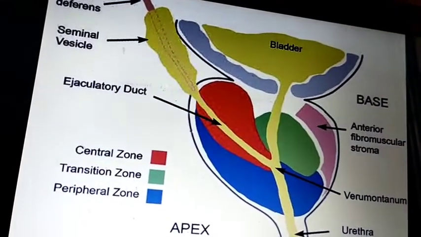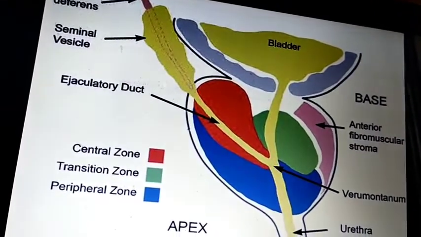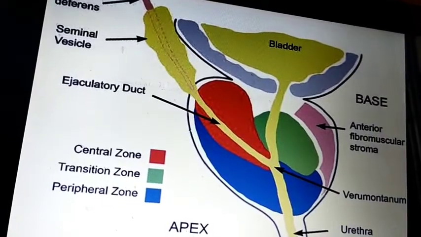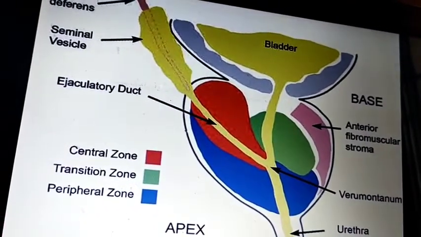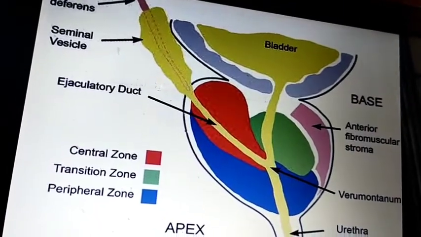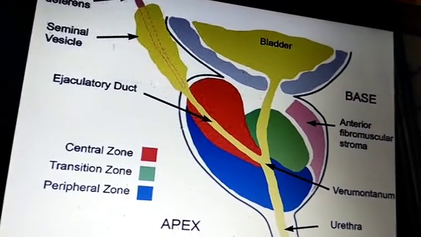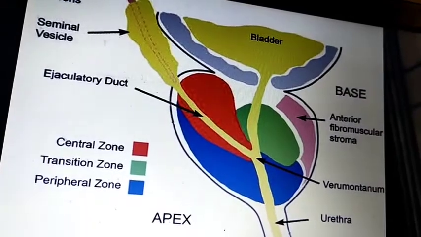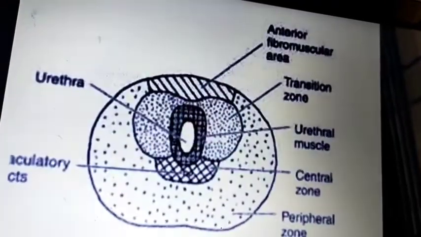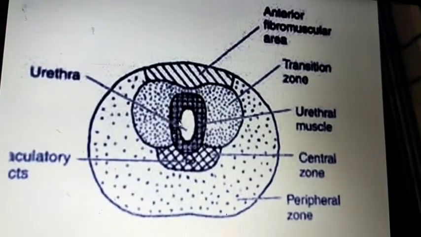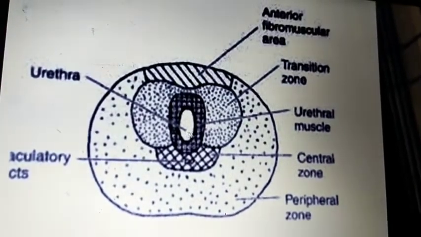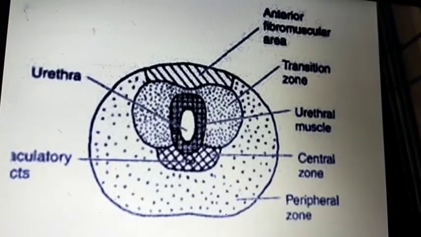The transitional zone is compared to the median lobe. Central and peripheral zones are compared to the posterior and lateral lobes, and the anterior fibromuscular stroma is compared to the anterior lobe. In this picture, this is the urethra, and this is the transitional zone, which completely covers the urethra.